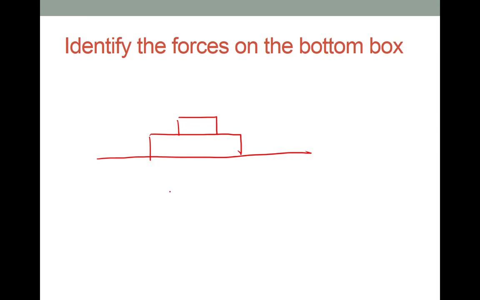This is one of those cases where a slightly oblong circle, more oval, would be good, because we're going to have multiple forces going downward on this guy. So we have the weight of the earth acting on the bottom block. Okay. We have whatever surface this is pushing up on the bottom block.